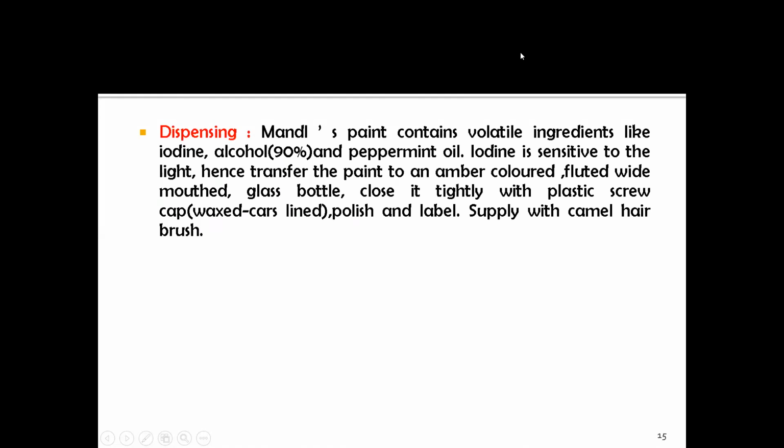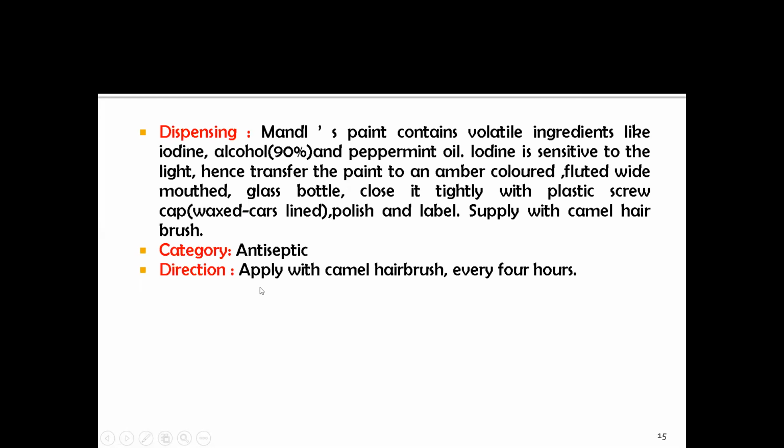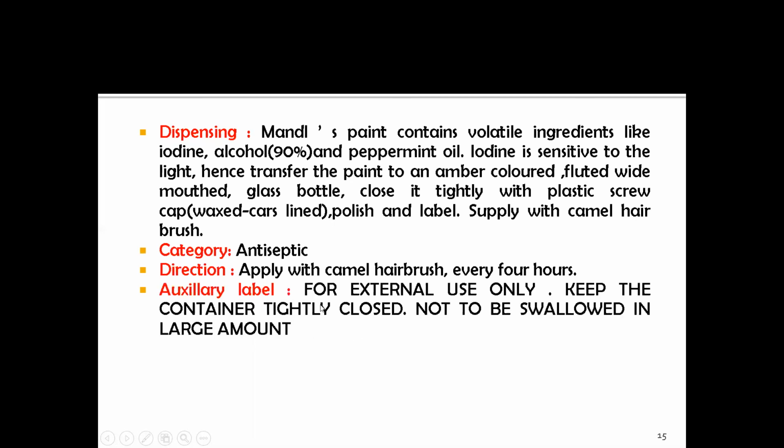Dispensing: as I have told you, iodine is light sensitive, so it should be transferred to an amber colored wide mouth glass bottle, and it should be supplied with a camel hair brush. Category is antiseptic. Direction to be given on the label is apply with camel hair brush every 4 hours, and the auxiliary label contains for external use only.